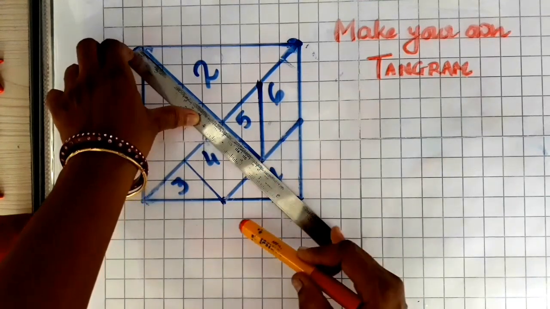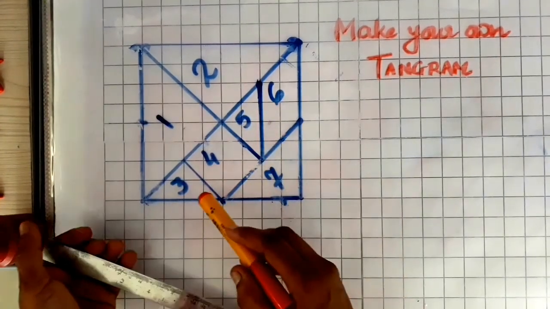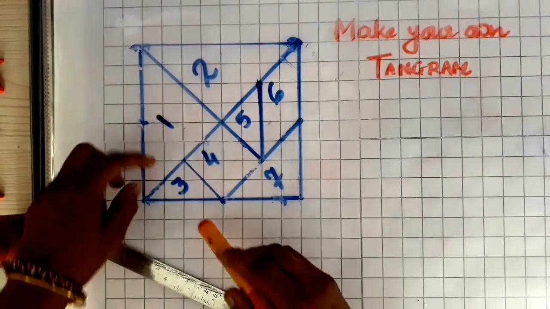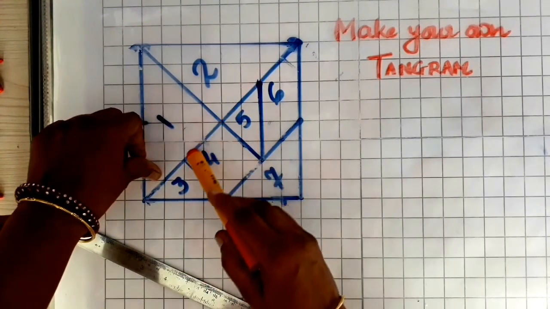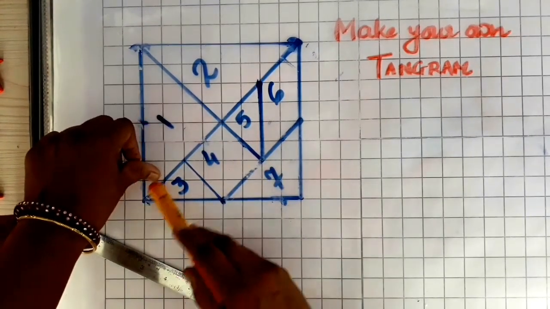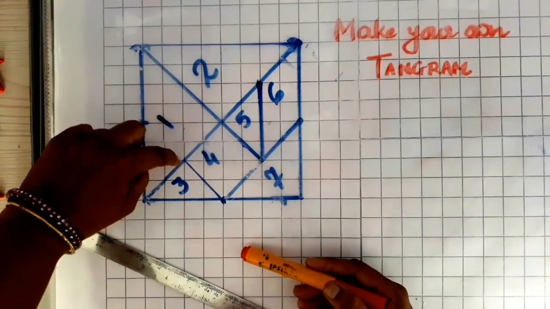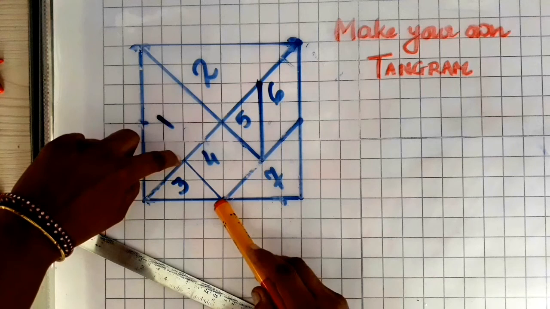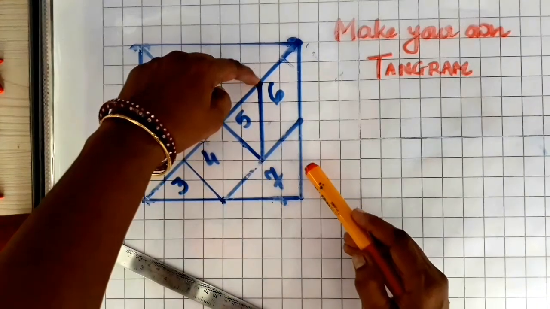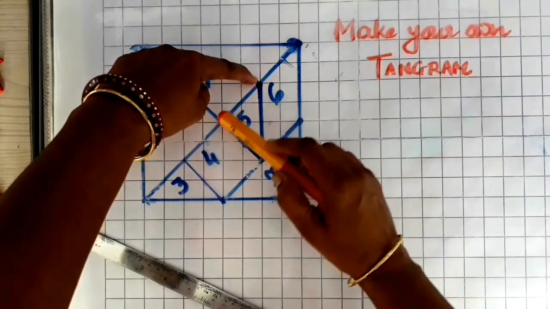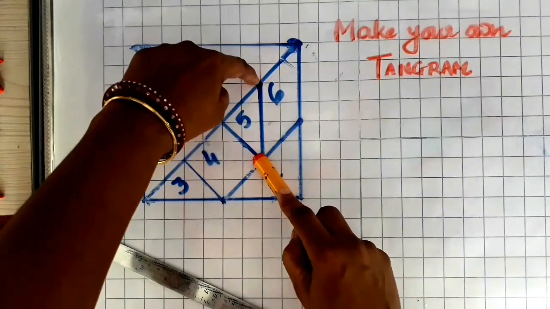Fine. Now coming to the other two parts, see here you can see 1, 2, 3, 4 diagonal squares are there. Out of the 4 diagonals, find out the midpoint, that is the second one here. Join these 2 points and then here also this is the mid part of this one, and join from here to here.